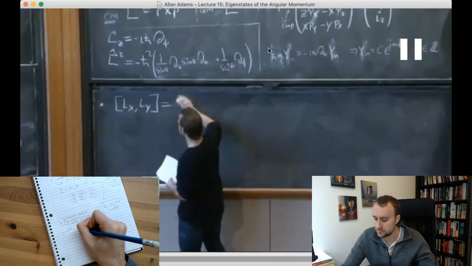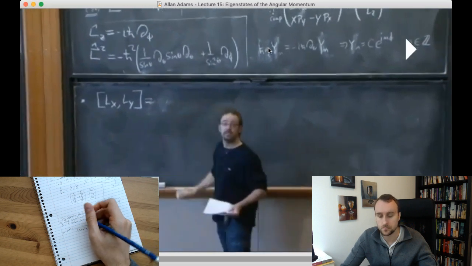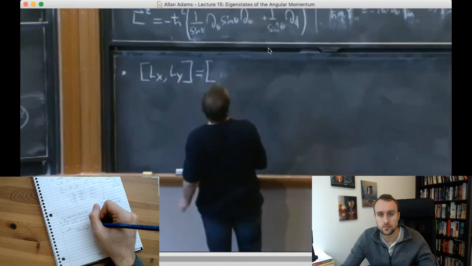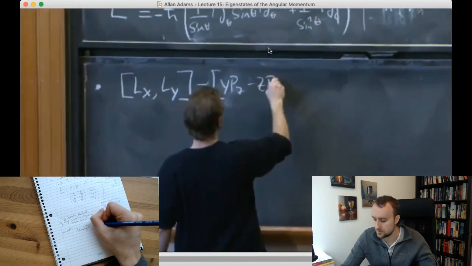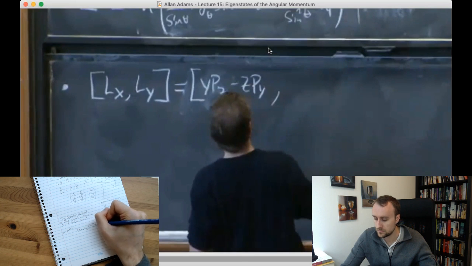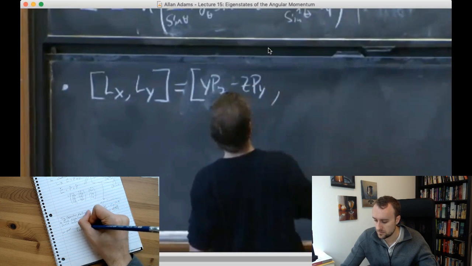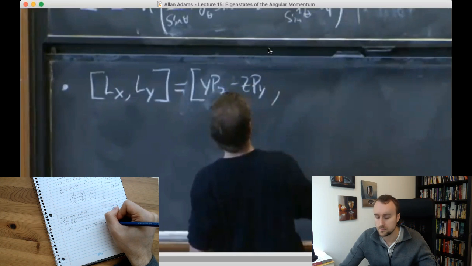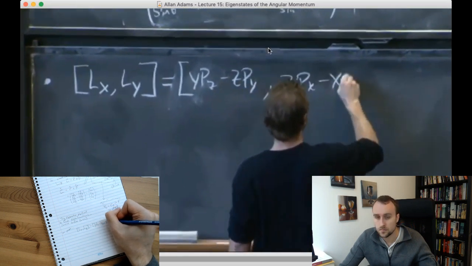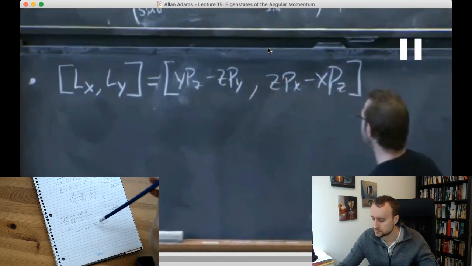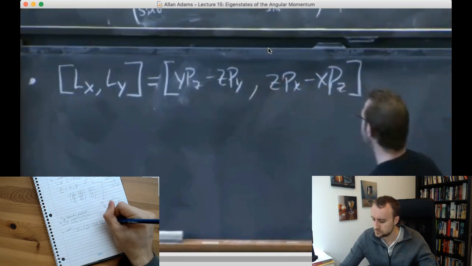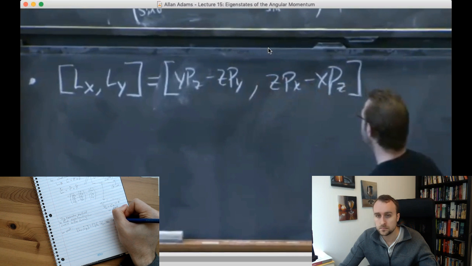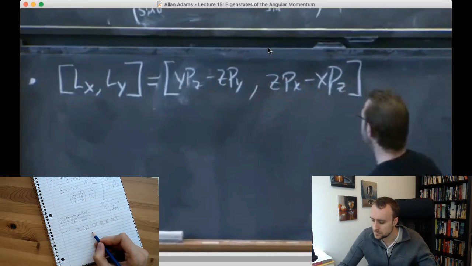Well, let's just do this out. Let's do this commutator. So Lx with Ly. This is equal to the commutator of y pz minus z py with z px minus x pz. So let's look at these term by term.